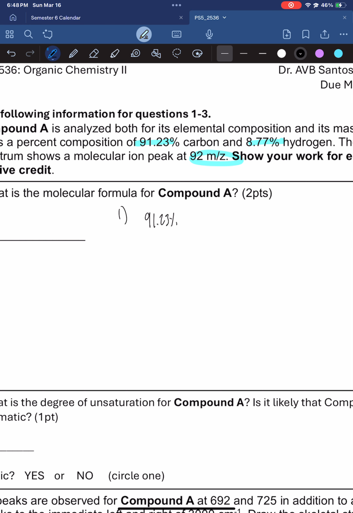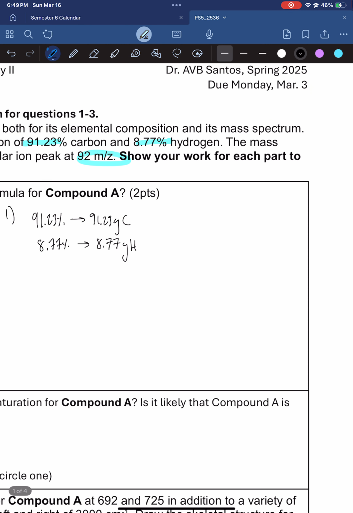Since we're given percentages and not a mass, we can just assume it's 100. So percent to mass, we can assume a 1-to-1 ratio: 91.23 grams of carbon. Same thing with hydrogen, 8.77 grams of hydrogen.